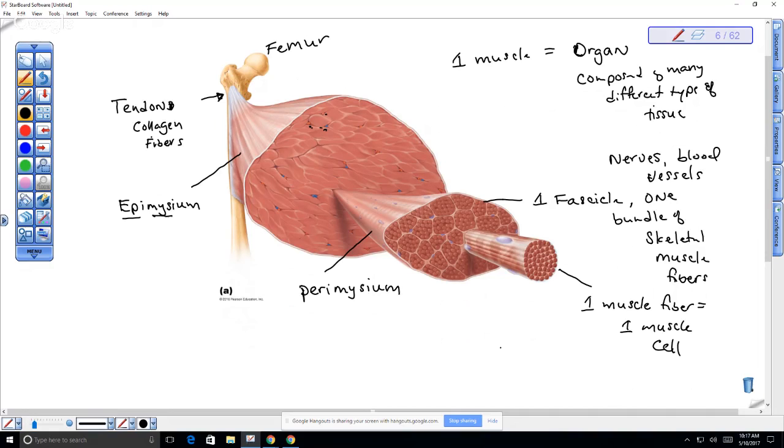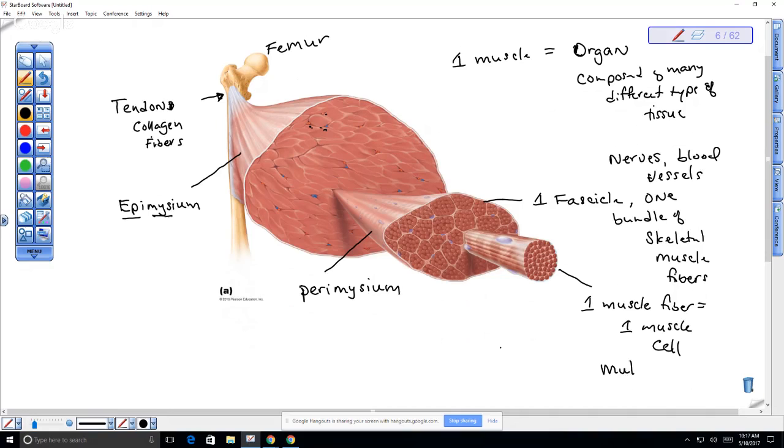And the skeletal muscle cells are very interesting because they are multinucleated. This is because during the development of skeletal muscle, the stem cells fuse. So many stem cells fuse together to form one muscle cell. So we'll say that that muscle cell is multinucleated.